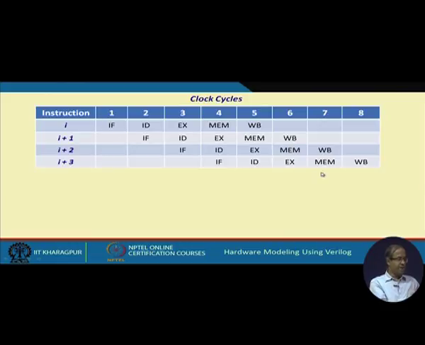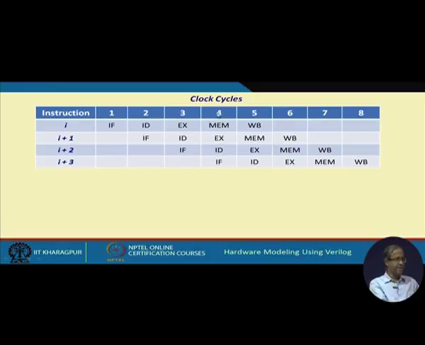Now, in pipelining what we do, when the first instruction I moves from IF to ID, the next instruction in sequence can start IF. So, in time step 2 the first instruction is in ID, then next instruction is in IF. In third step the first instruction has moved to EX, second in ID and third in IF.